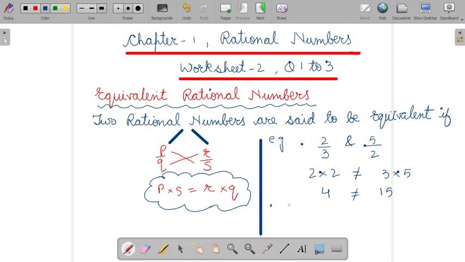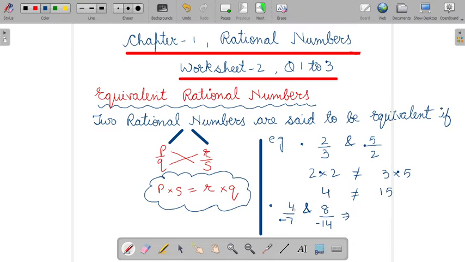Suppose the first number is 4 upon minus 7 and the next number is 8 upon minus 14. Let's see whether these two rational numbers are equivalent or not. So what will be the condition?